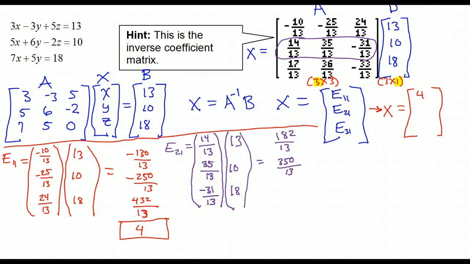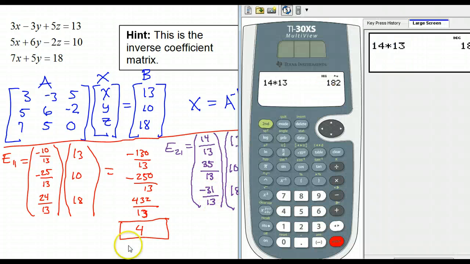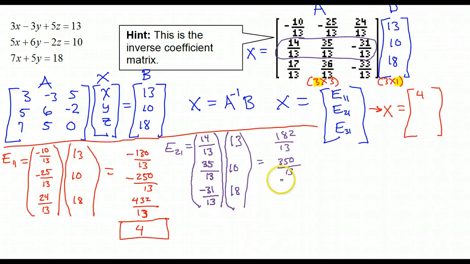Negative 31 times 18. Don't know that off the top of my head. Negative 31 times 18. So that is negative 558 over 13. So all I have to do is add this all up, and I'll get my second element.